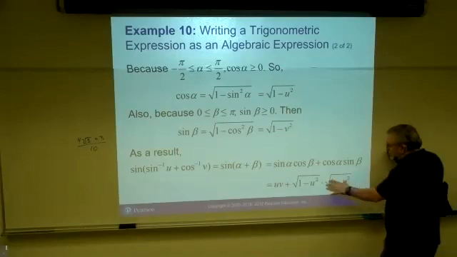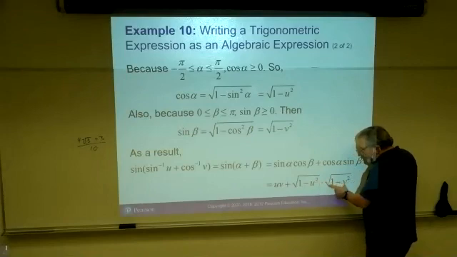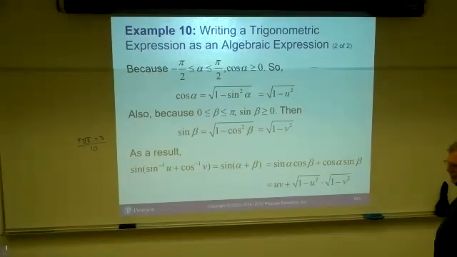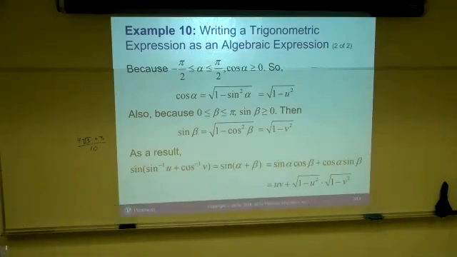Because you can write this as a single square root with 1 minus u squared inside parentheses and 1 minus v squared inside parentheses, and it's going to be the square root of that. And if you wanted to multiply it out, it's fine. Leaving it this way is fine. But there we have that trigonometric expression as an algebraic expression.